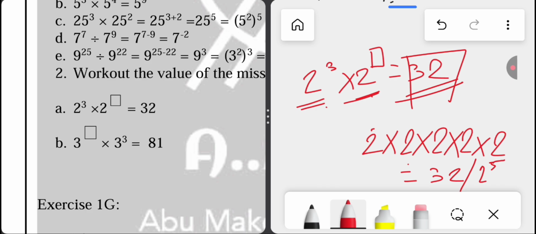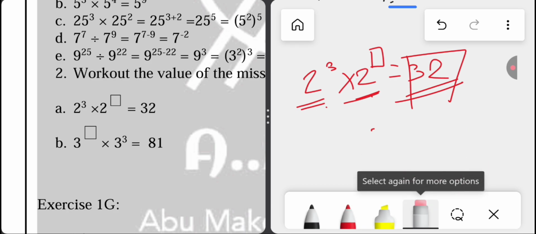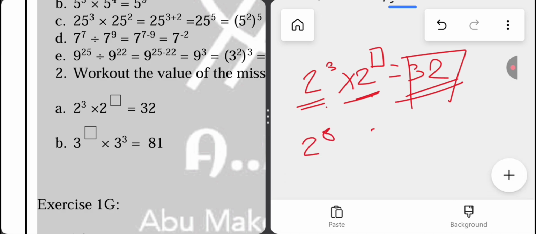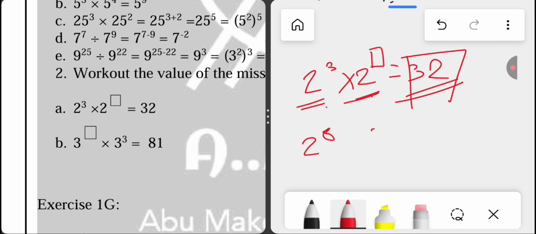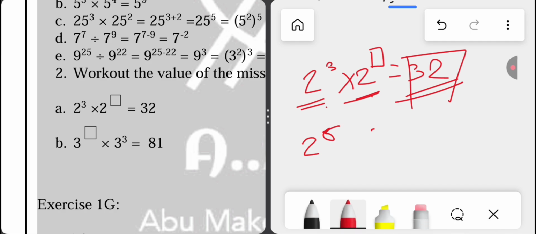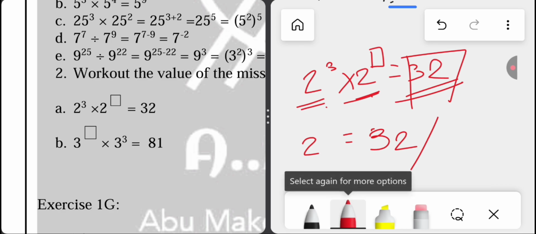So I can write 2 to the power 6 and 32 can be equal. Sorry, not 6, 2 to the power 5, my mistake. 2 to the power 5 is equals to 32, as I have to multiply 2 5 times to get 32.